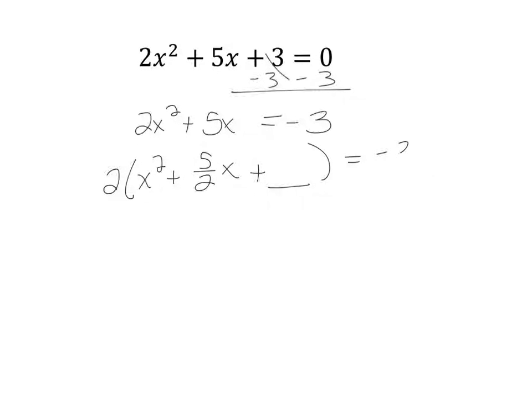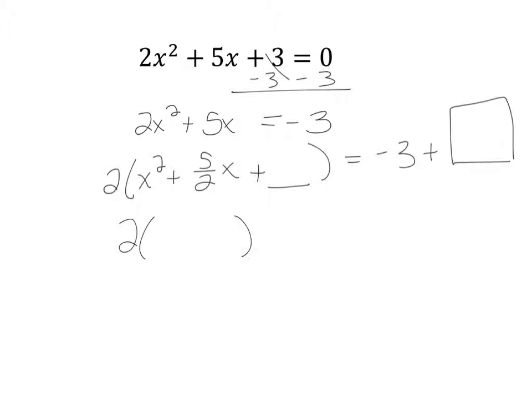So I need to add something to both sides. I'll make this a box to show that this number here and this number here are not the same number. When you factor out that 2, you have to multiply. So this number is our perfect square, and this number is that number multiplied by 2. Just as a reminder.